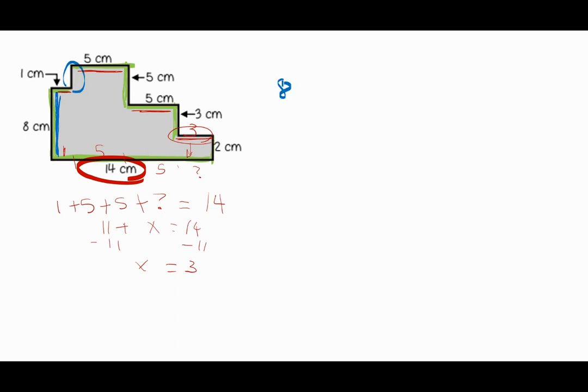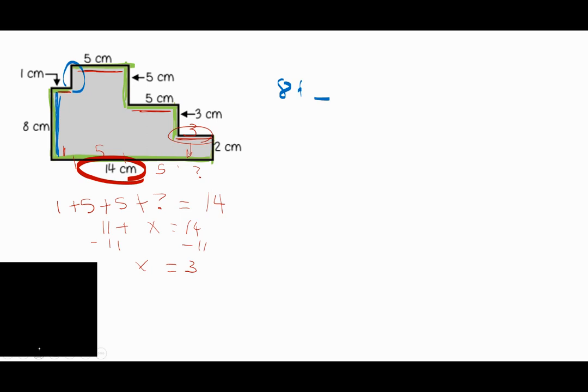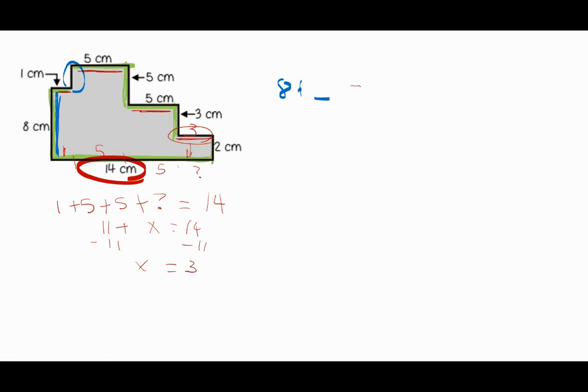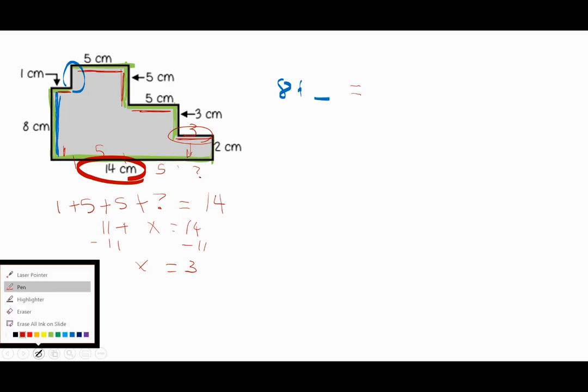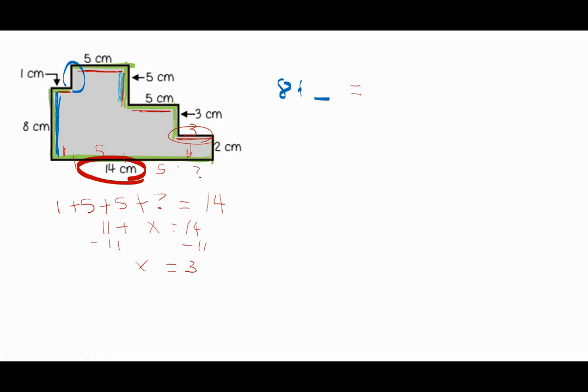So 8 plus something is going to equal the other side, where we have 5, 3, and 2. So 5 plus 3 plus 2 is 10. 8 plus something is equal to 10, and we can see that x is equal to 2. So this value up here is 2.